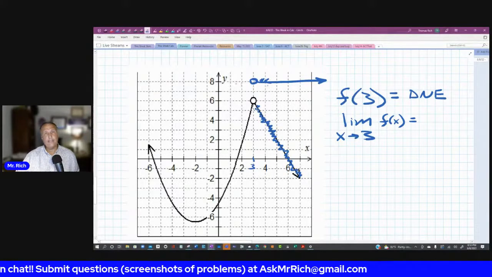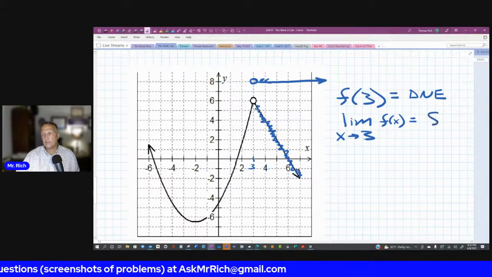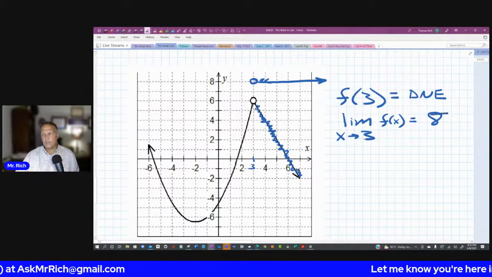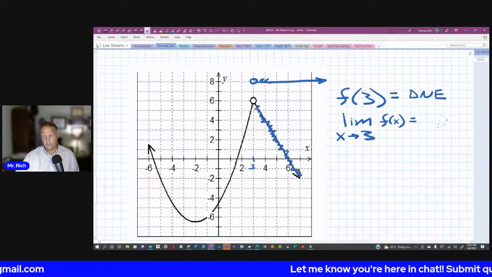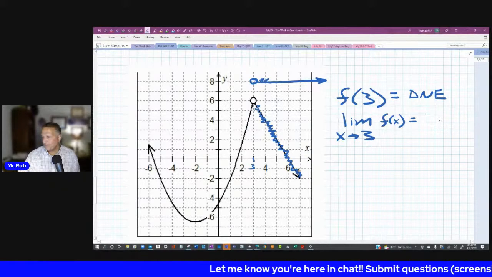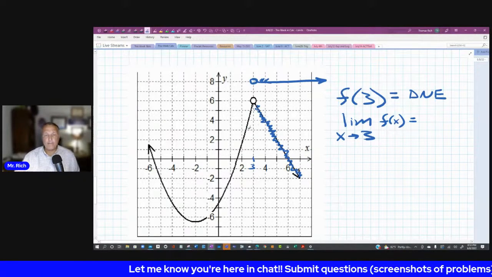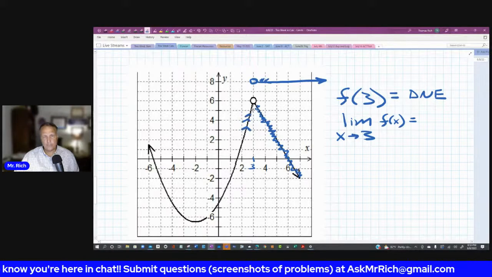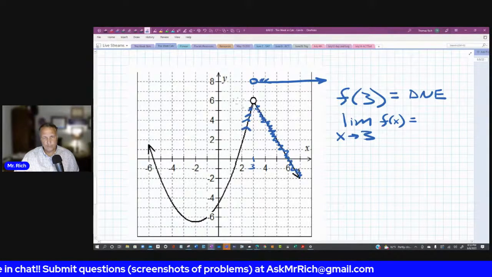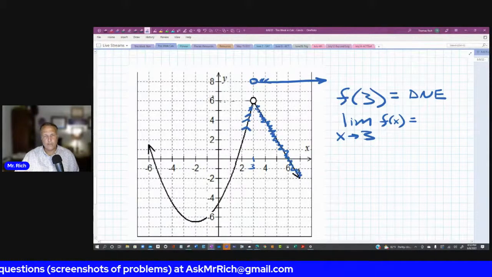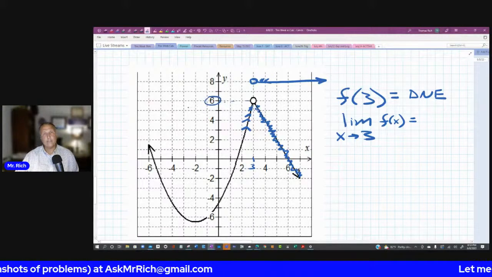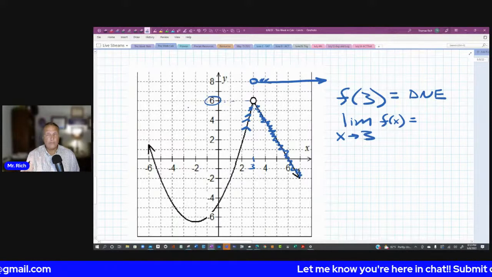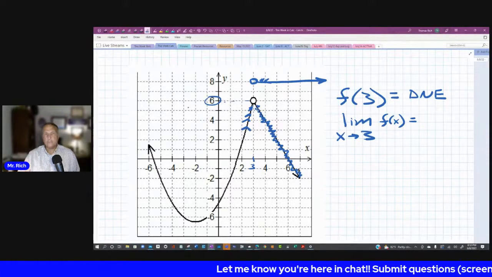I'm going to get closer and closer to y equals 8. I'm not going to write that there because that's not the answer to this question, as you're about to see. But if I come in from the left-hand side, the closer I get to x equals 3 from the left-hand side, the closer I get to the value of 6. Those values are not the same value. So that means the limit doesn't exist either.